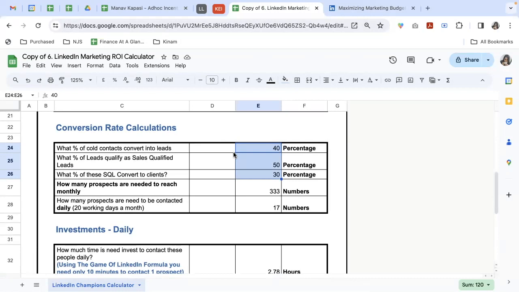If you're not recording the data, I would recommend you start recording the data accurately along with the stages and everything. You get these numbers, because without these numbers, doing any kind of marketing is like driving a car where you do not have a dashboard. So you're not seeing what is actually happening.